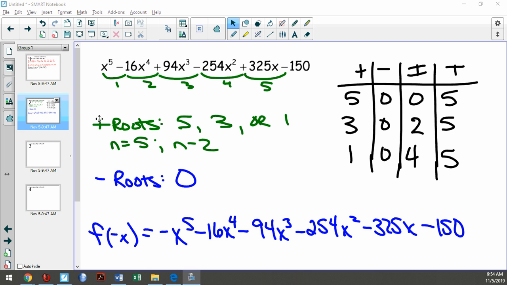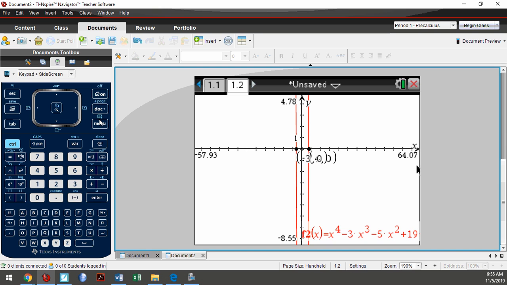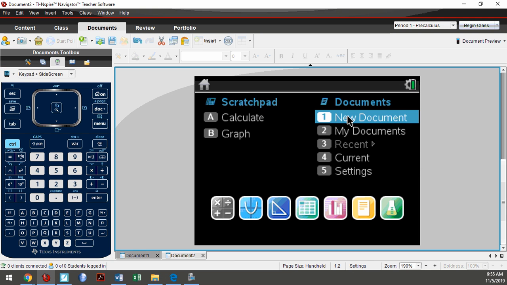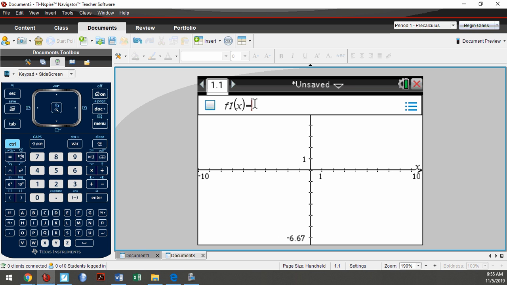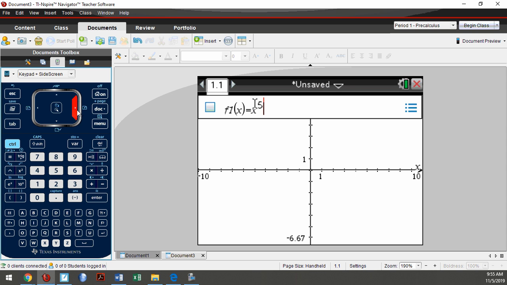So we're going to come back over to our graphing calculator. And I want a new document. And I want a graphs page. Somebody read that to me. X raised to the 5th. I'm sorry.